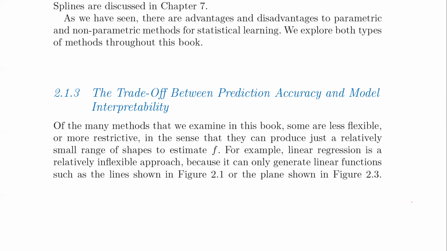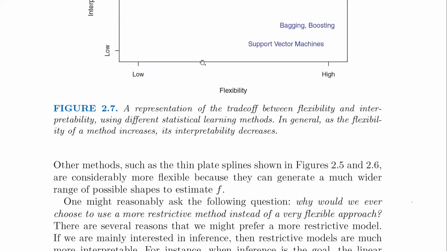Of the many methods that we examine in this book, some are less flexible or more restrictive in the sense that they can produce just a relatively small range of shapes to estimate f. One example would be linear regression, since it only generates linear functions such as lines or planes.